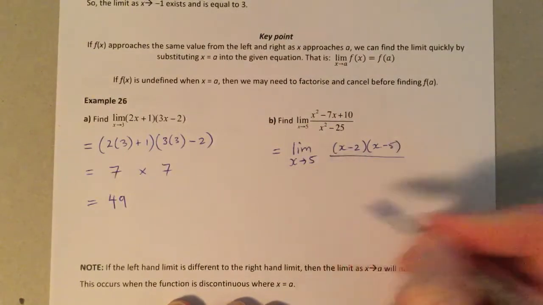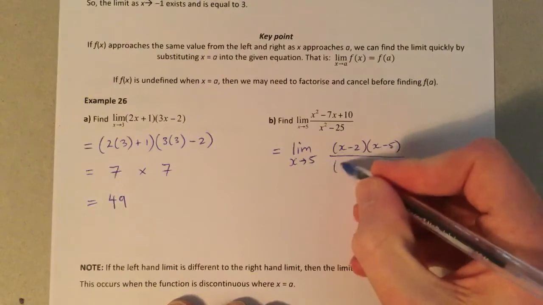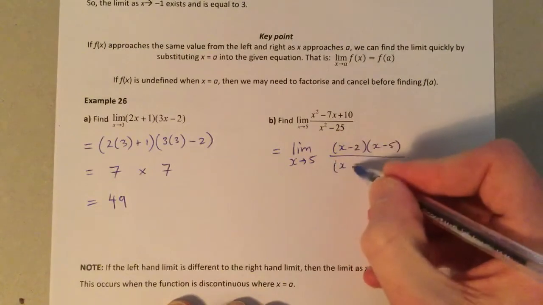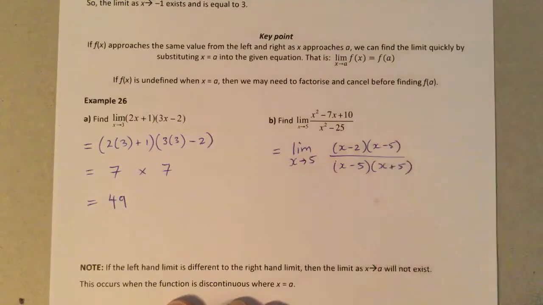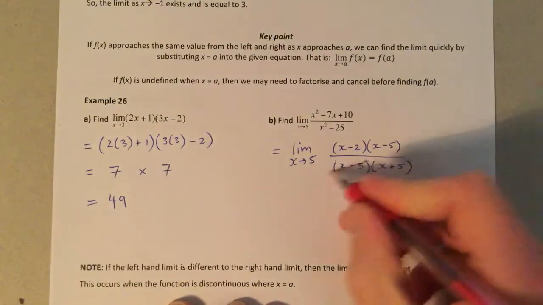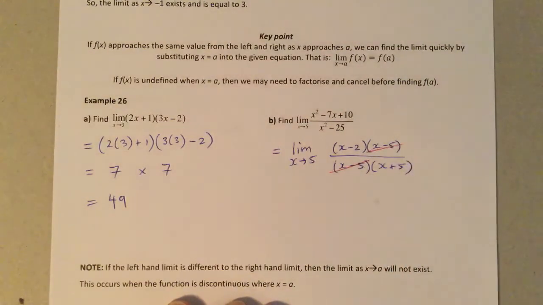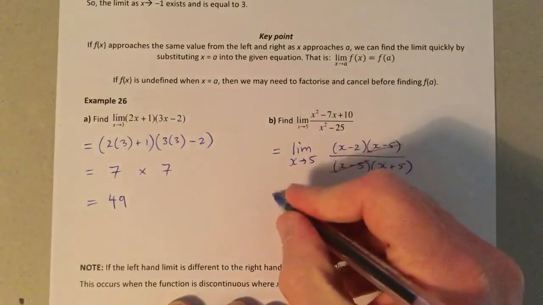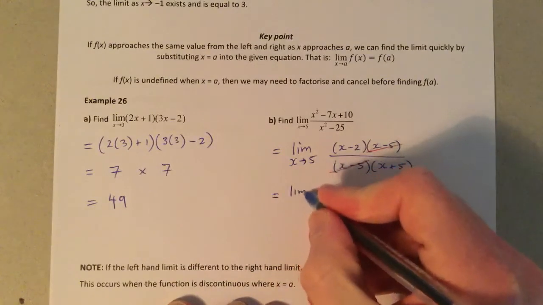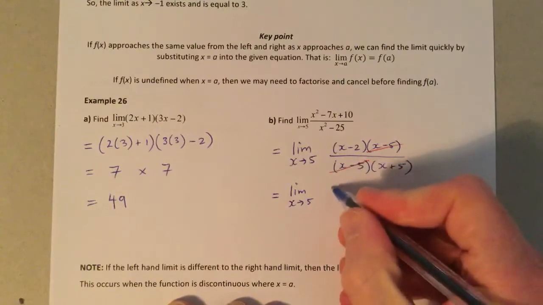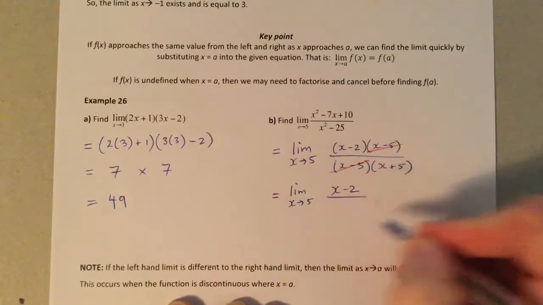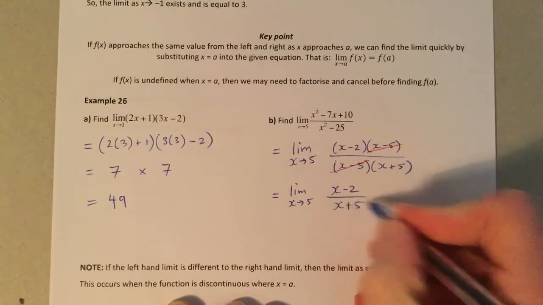The bottom is a difference of 2 squares. So x squared minus 25 factorizes to x minus 5 times x plus 5. Now we've got an x minus 5 on the top and the bottom. We can cancel those, and what we're evaluating now is the limit as x approaches 5 of x minus 2 over x plus 5.